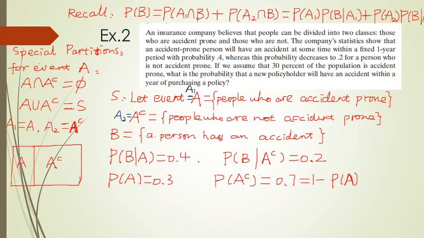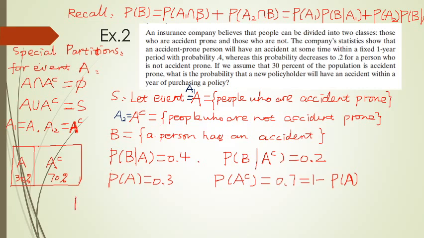So that means the partition for the population is 30% accident prone and 70% not accident prone, right?